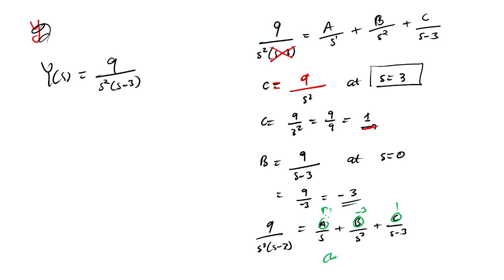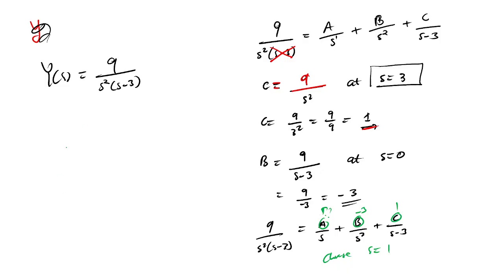So we can choose s to be any number that we want and then solve. We are going to get the value of A. We can choose s to be either 1, 2, or 3. So we choose the s value to be 1.